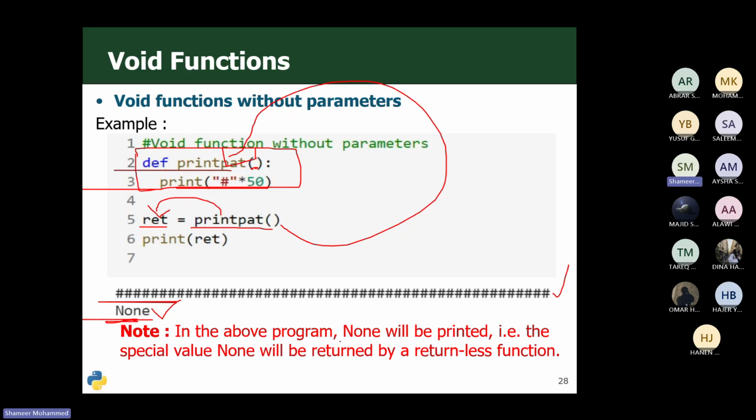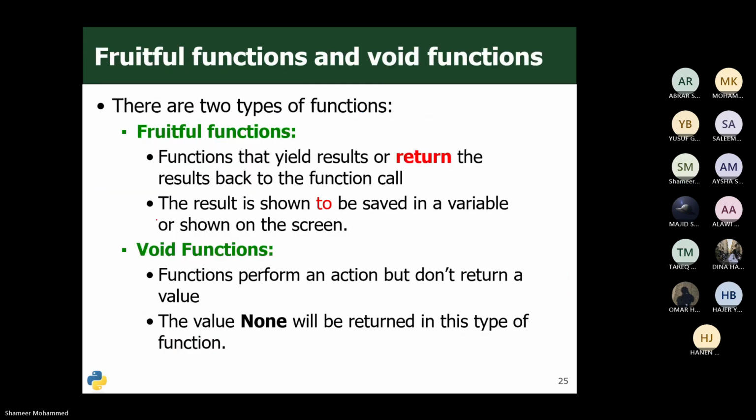In the above program, none is printed because this function has nothing to be returned. Unless you write return here, the value will not come back. So that is what it is telling: do not return a value, it will return none. None will be printed.